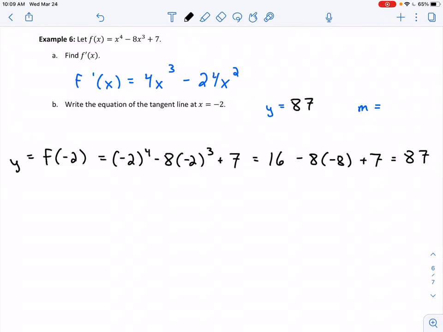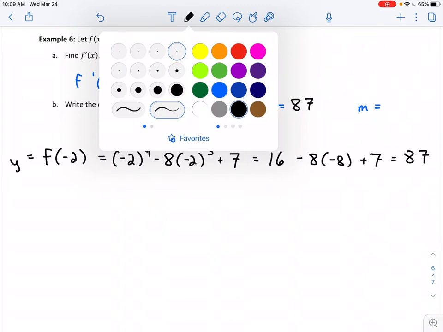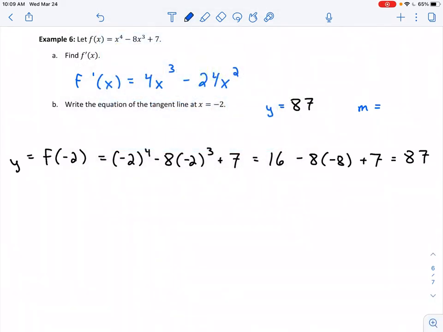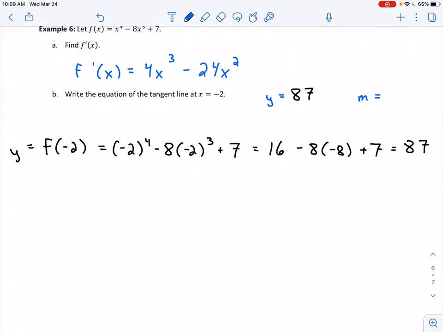I still need to find the slope of my tangent line, though. And the slope of my tangent line is given by the derivative. Remember, that's kind of why we care so much about the derivative. So I'm going to take that same x value that was given to me, so that x equals negative 2, and we're going to plug that into our derivative. So the slope of our tangent line is equal to f prime of negative 2, 4 times negative 2 to the third power, minus 24 times negative 2 squared.